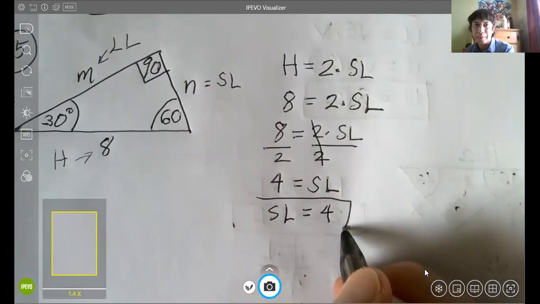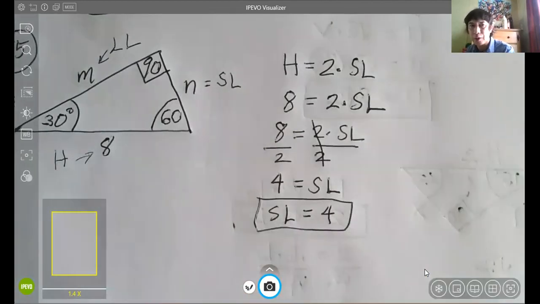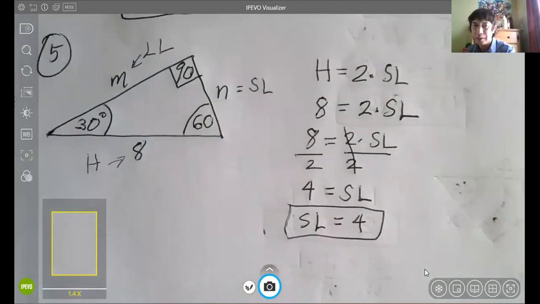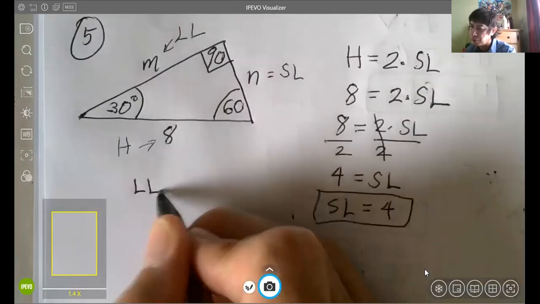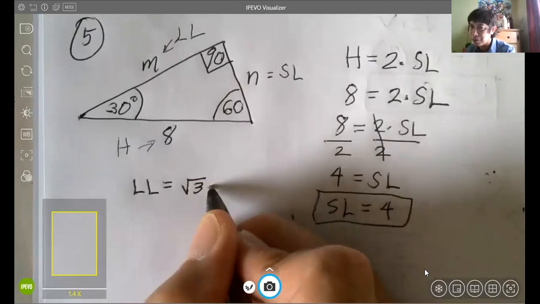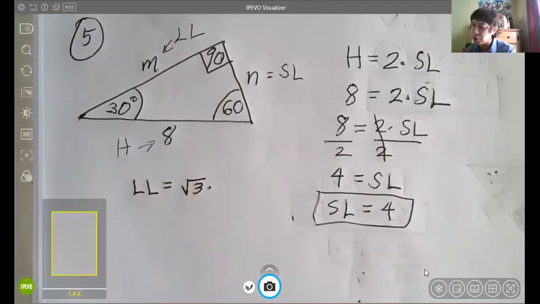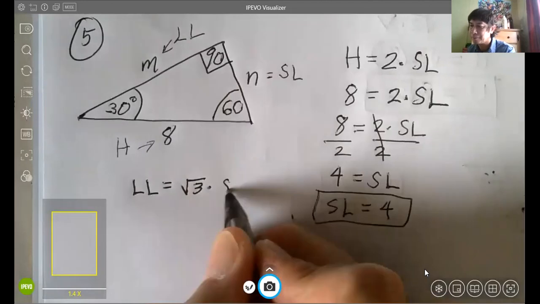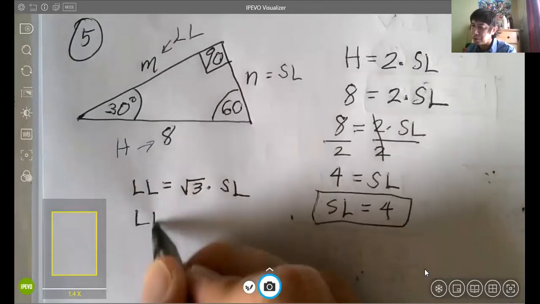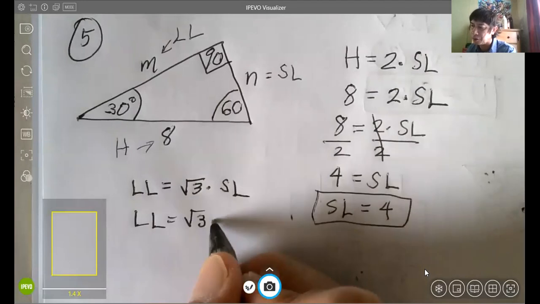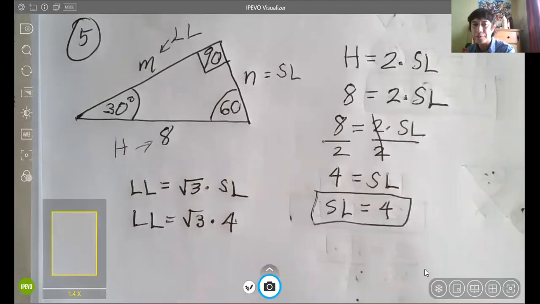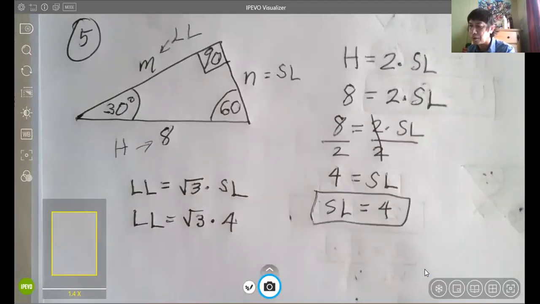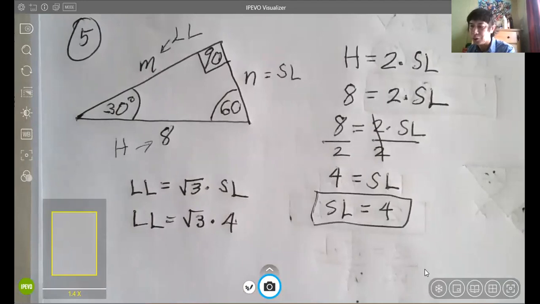There. Now we have 2 sides of this right triangle. We're now ready to solve for the longer leg. We have a formula for the longer leg, okay? And that formula is longer leg equal to square root of 3 times the shorter leg there. We already know the shorter leg, it's 4. So here's our answer for longer leg. And we have to write it using the integer first.